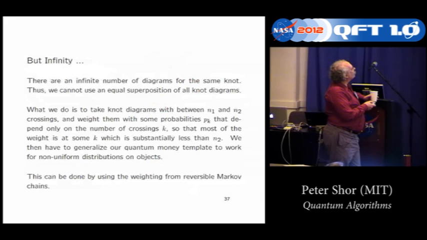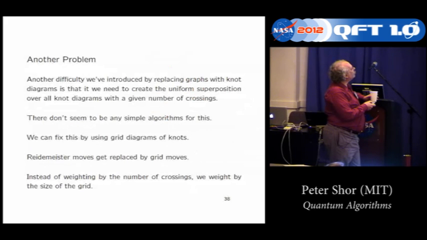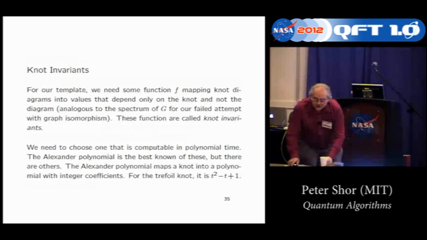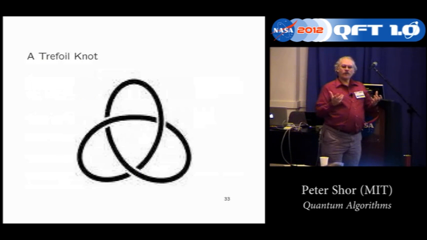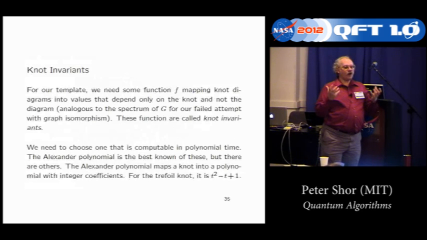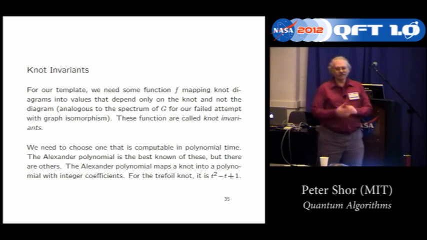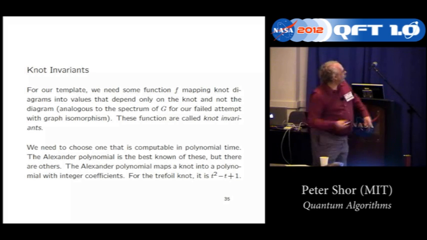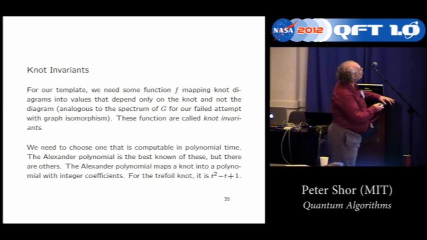So the verification procedure is, we have this thing which is supposedly a superposition of different grid diagrams for the same knot. Now there are a bunch of grid moves, which, let's see, where's our grid diagram?